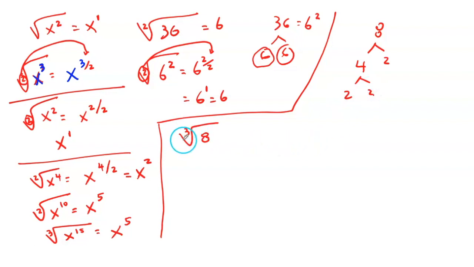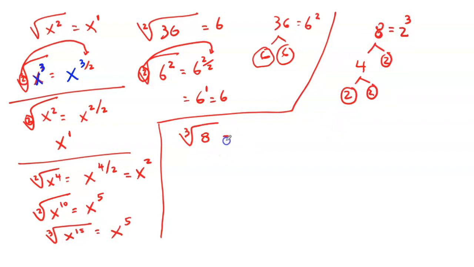And now my index is 3. That means my index is telling me how many of each number I need in order for me to take one out. Let me explain. Let me rewrite this 8 as a power. How many 2's do I have? 3. So 8 is the same as 2 to the third power, 2 cubed. 2 times 2 times 2 gives me 8.